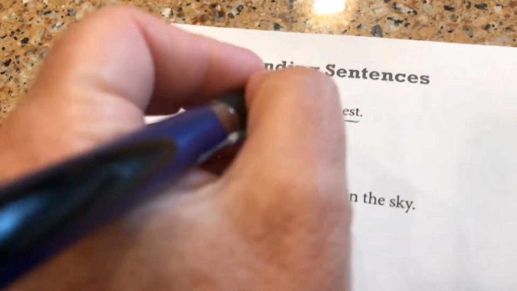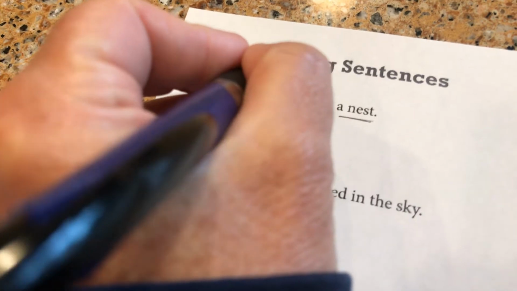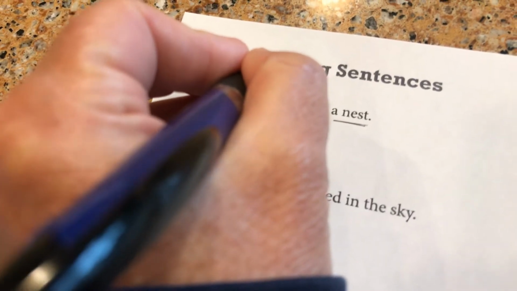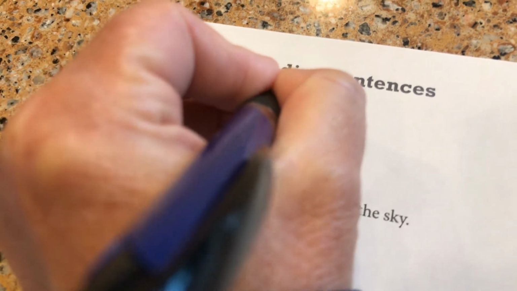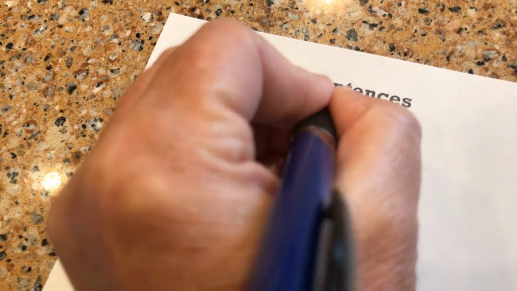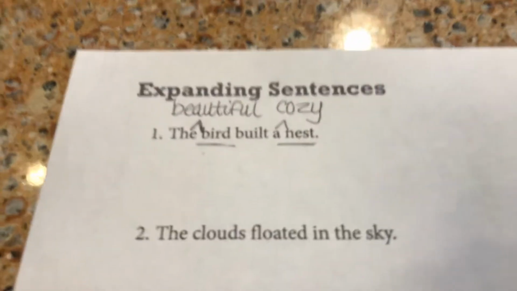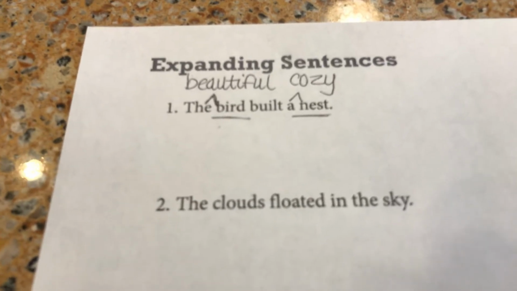So if we wanted to add some adjectives, we could put our insert mark and we could say the beautiful bird built a cozy nest. And we have added adjectives to make that sentence more interesting.